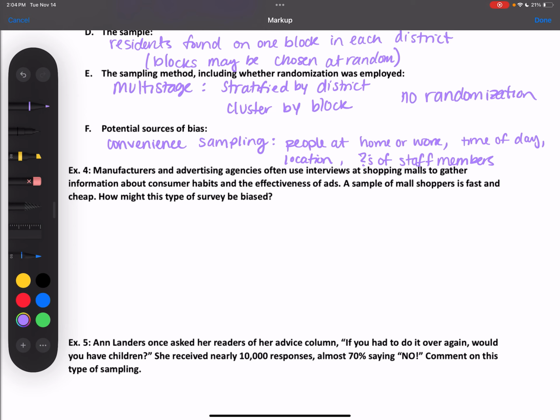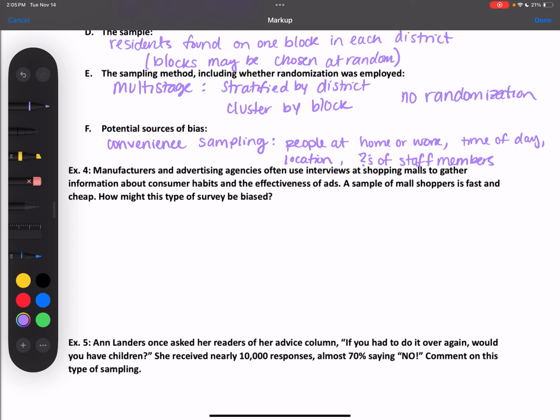Oh wait, what about non-response? Would that be one? Probably not. Non-response is going to be more like a mailing survey where it comes to you and you decide if you're going to send it back or not. Maybe, it's something you might be able to justify, but I think with this one there's several we could justify.